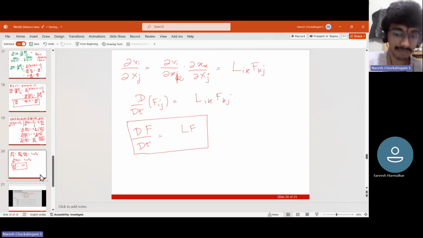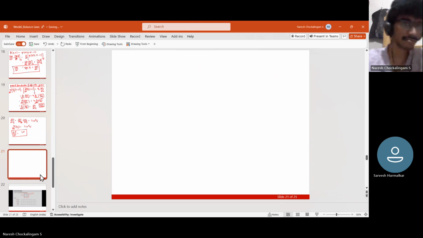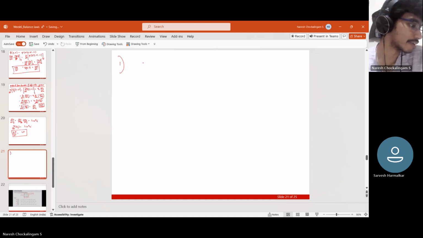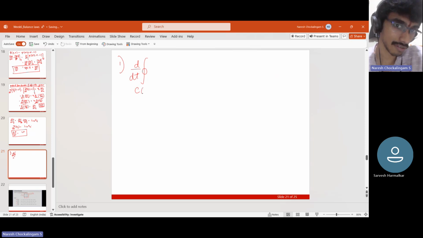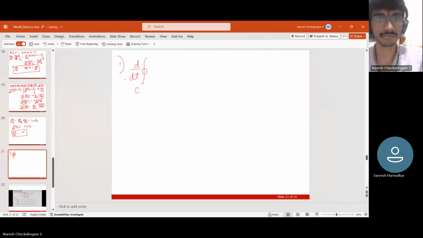Now let us prove some result. So let us prove this result. Look at this. So this is a transport theorem. D by dt of, you have a closed loop C. Let me just have it as C. Phi is a scalar field.